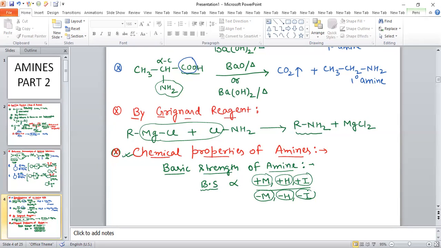So basically, amines can turn red litmus into blue.